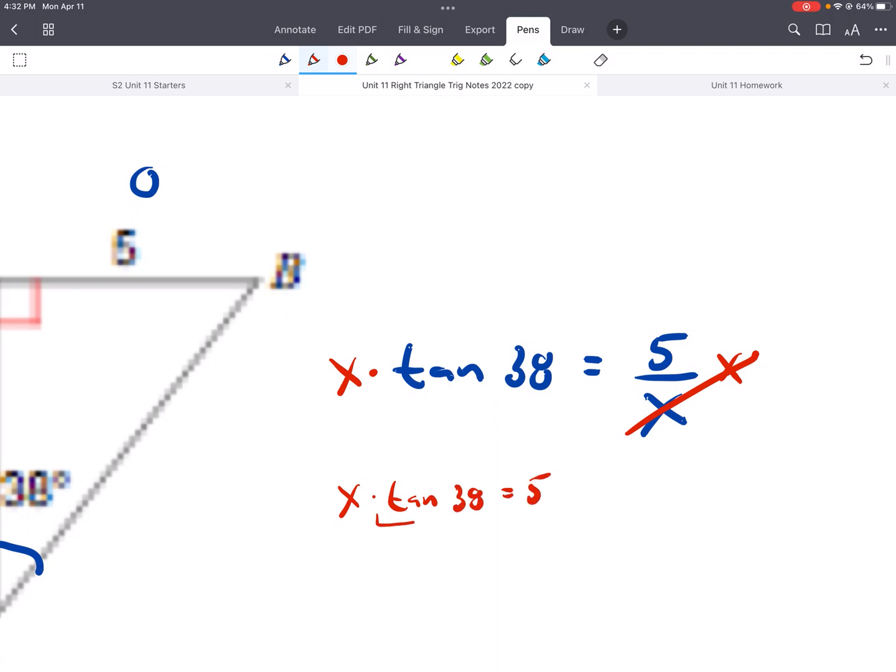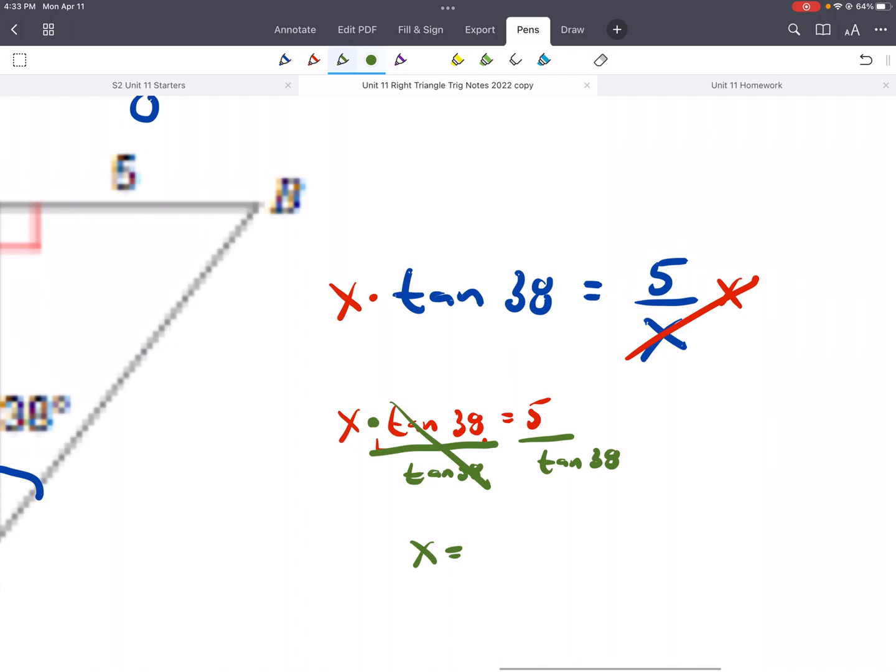And then we need to get rid of the tangent of 38. Again, they're together. We can't separate them unless we use like an inverse. So we'll just divide. The opposite of multiplication would be division. And we get x by itself.